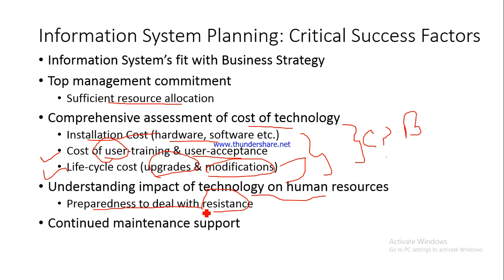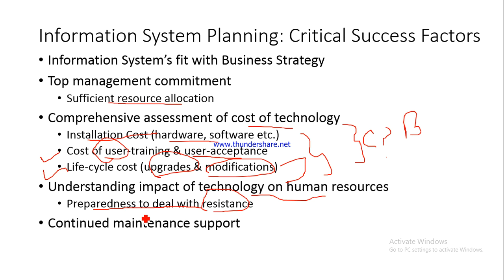Again, one more issue is the continued maintenance support. Right? The other thing that you'll have to make sure is to provide continued maintenance to the information system, because as I said, it would require upgradations and modifications on a regular basis. Many a times in organizations having different information systems and different ways of storing data in databases, there could be a problem with the database because of some virus infections.